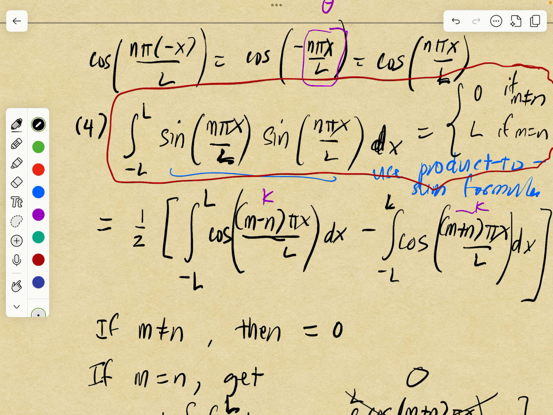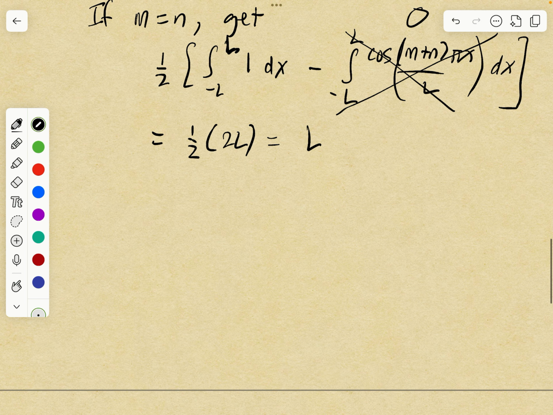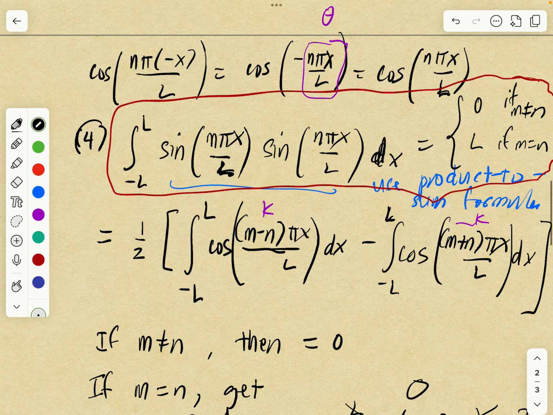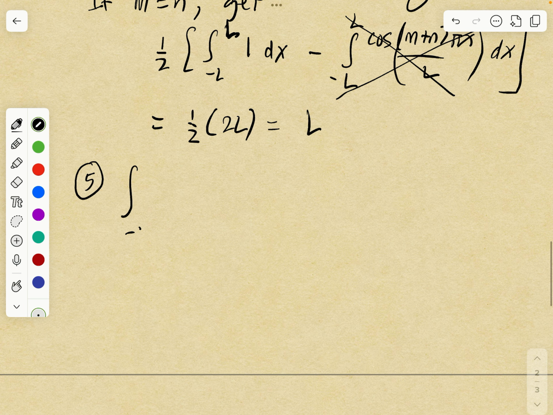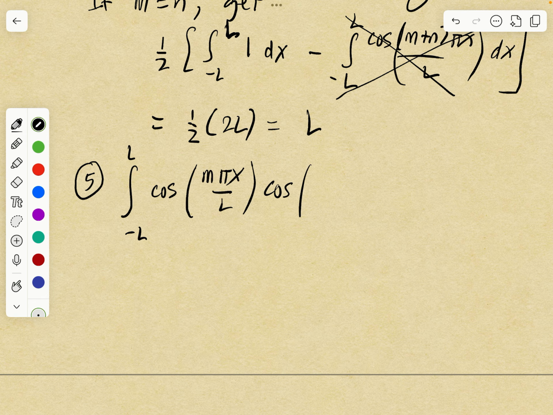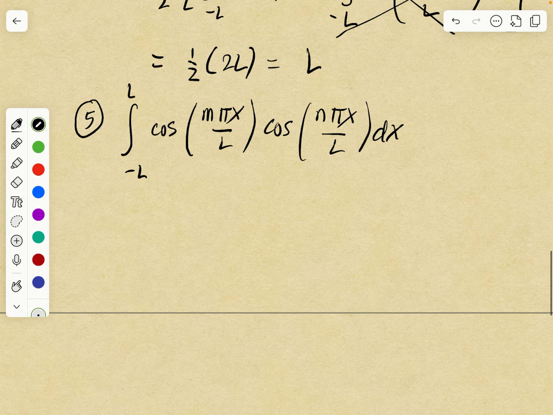Now there's one more integral, which is when you have cosine times cosine. The last one is the integral from negative L to L of cosine of m pi x over L times cosine of n pi x over L. Again, m and n are positive integers, and we're going to use the product to sum formula again.